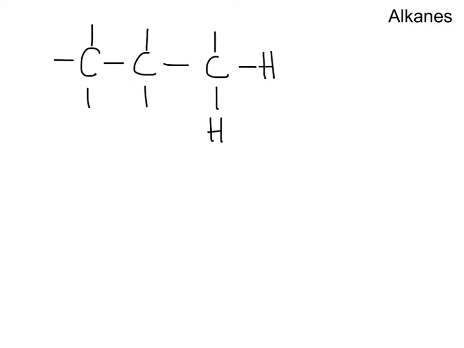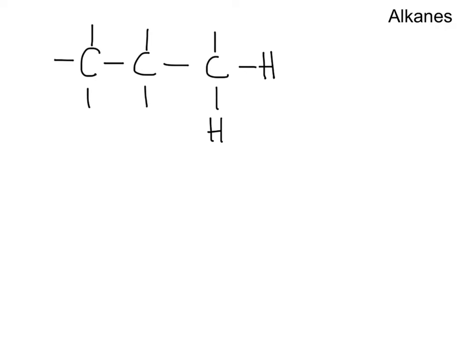Alkanes look like these structures here, and anywhere you see a dash, that represents a bond to a hydrogen. For example, there's a hydrogen here, here, and here. I'm just getting too lazy, I don't want to draw it all out.